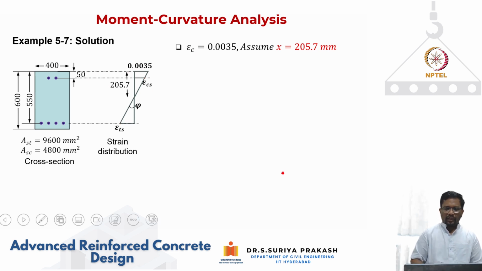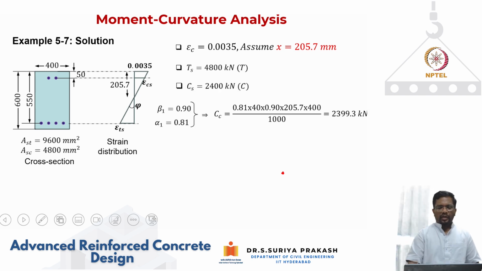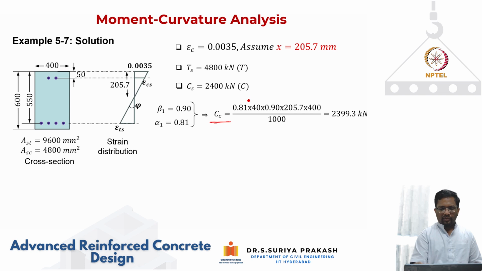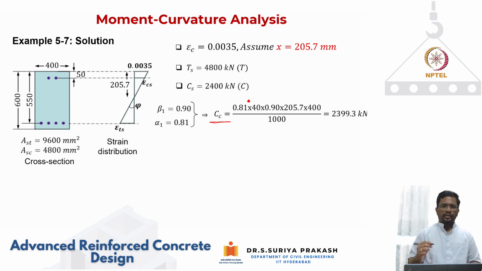Now let us see what forces we're getting. I can get my compression force in concrete as alpha f prime c beta 1 x multiplied by the breadth of the section. If you divide everything by 1000, you get it in kilonewton, a force of 2,400 kilonewton. Now what is the equilibrium condition that we have?